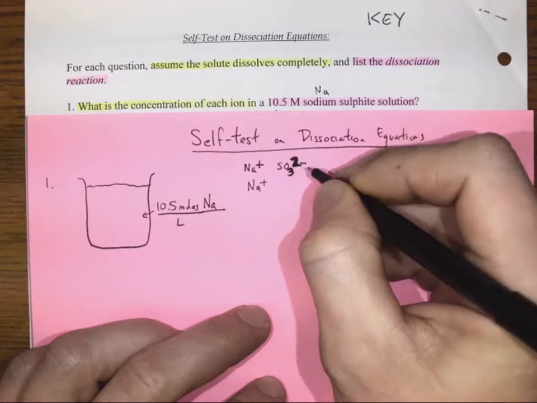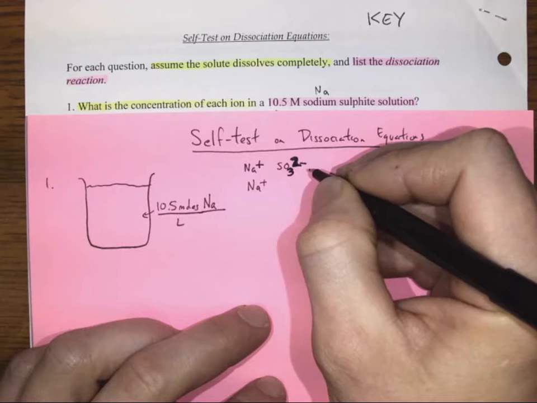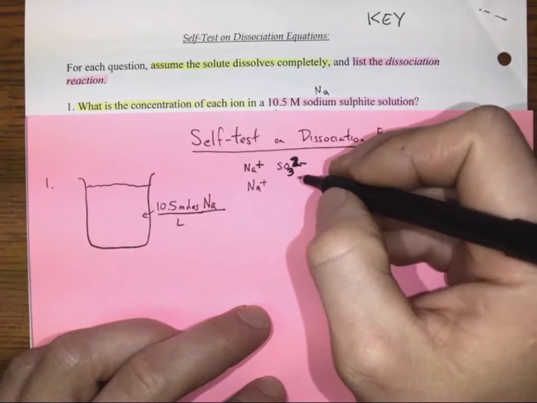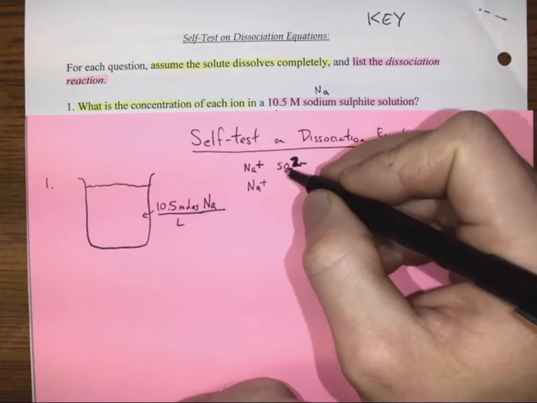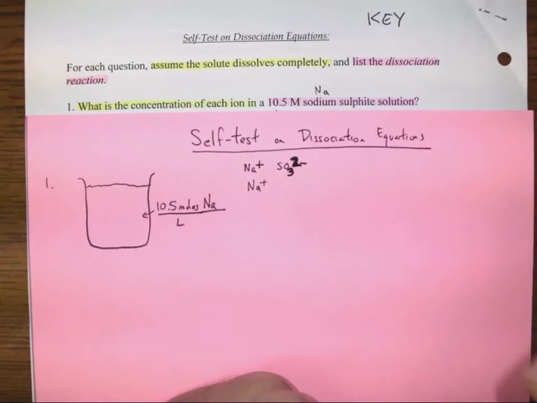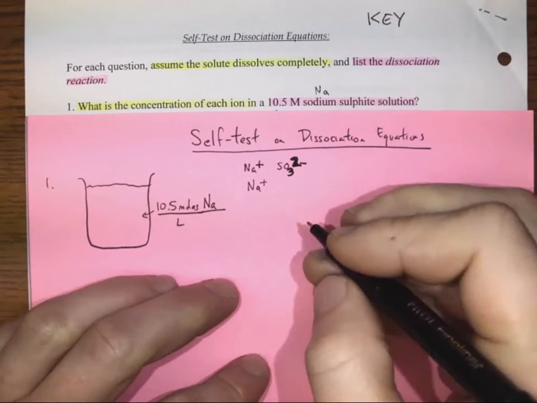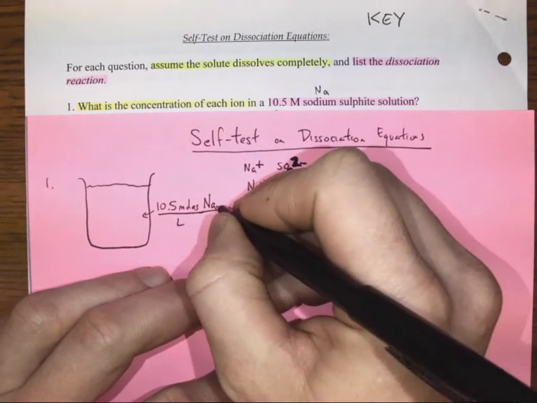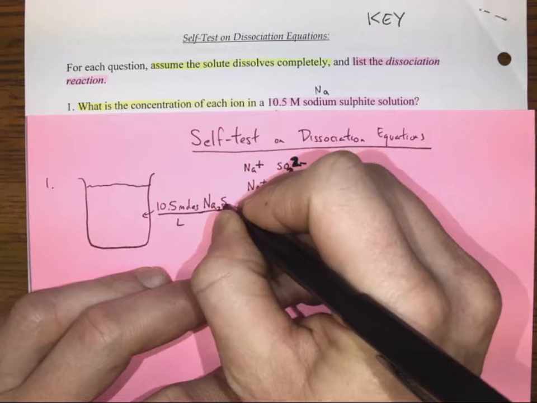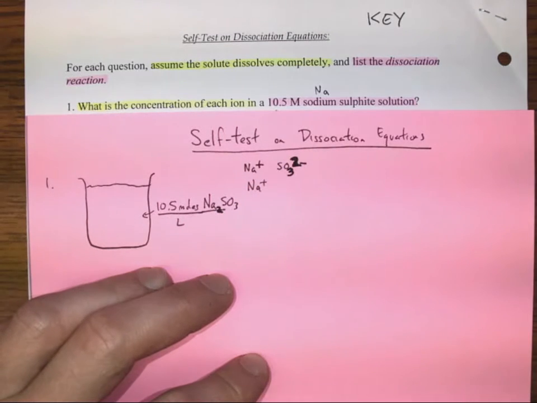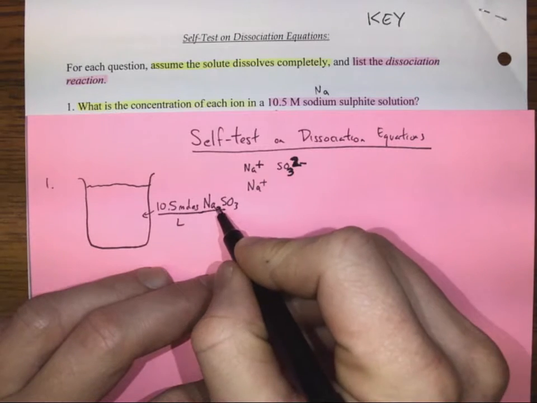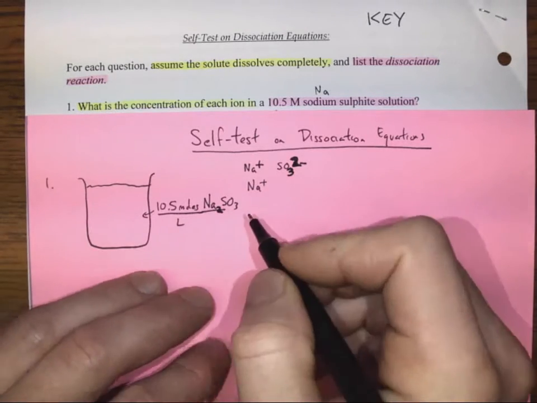I really messed up writing out sulfite. So I have 2 positive charges for my sodium and 2 negative charges for my sulfite. That means it's a 2-to-1 ratio inside that compound, so I put a little 2 subscript here to indicate that's my sodium sulfite.